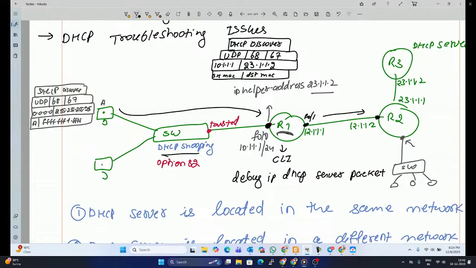So that's how the helper address helps us convert this message from broadcast to unicast. That's why it's only required on the LAN interface where our user is connected.